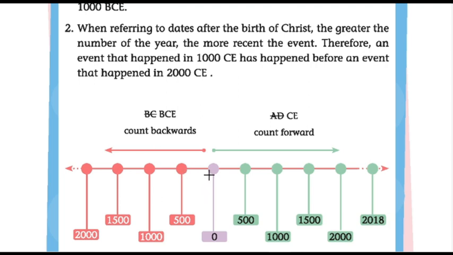Before Christ's birth, you count 1, 2, 3 in reverse, 500 years from Jesus Christ's birth, and then 1000 to 2000. So you have to understand the difference in how you count for CE, Common Era, and BCE, before Common Era.